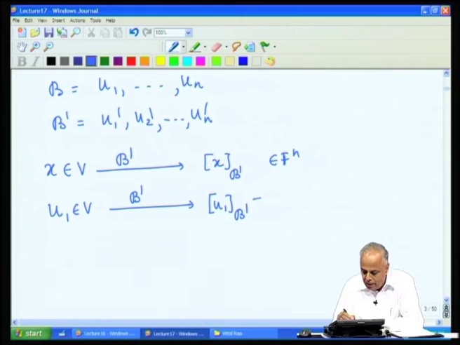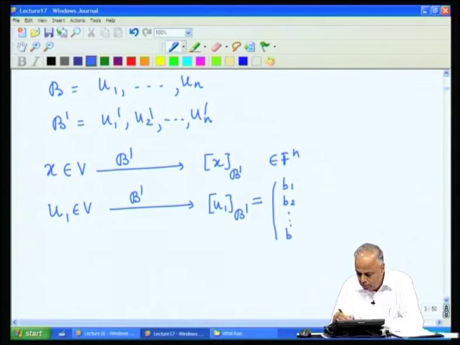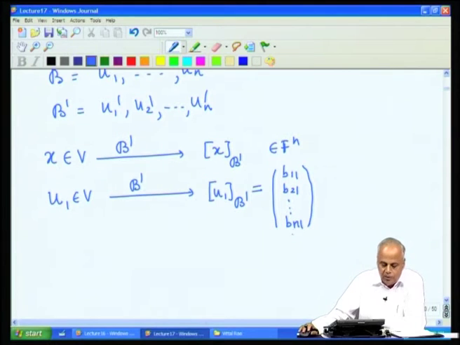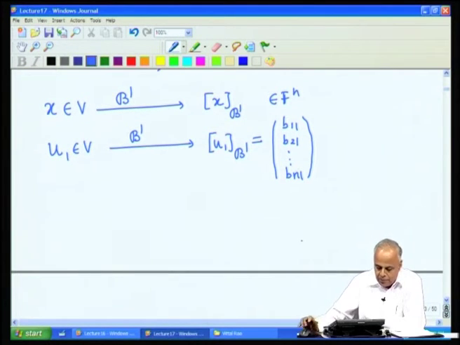Since this is a vector in Fn, let us denote it by b11, b21, bn1. To make sure that we do not forget that we are representing the first vector in the B basis, we put an additional index 1, the second index denoting the representation of the first vector in the B basis.